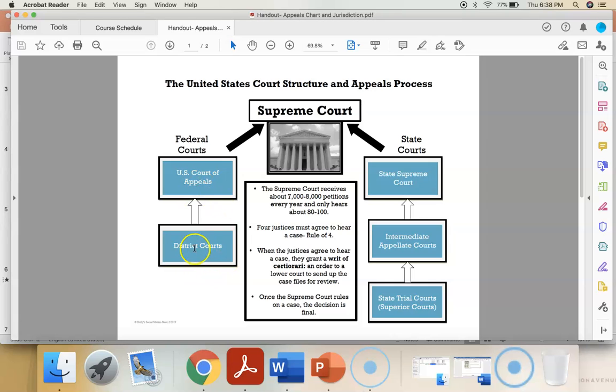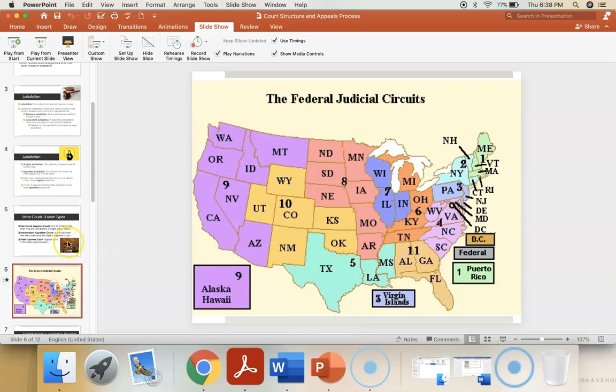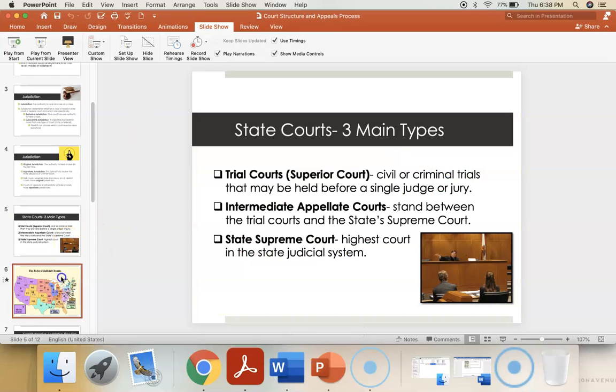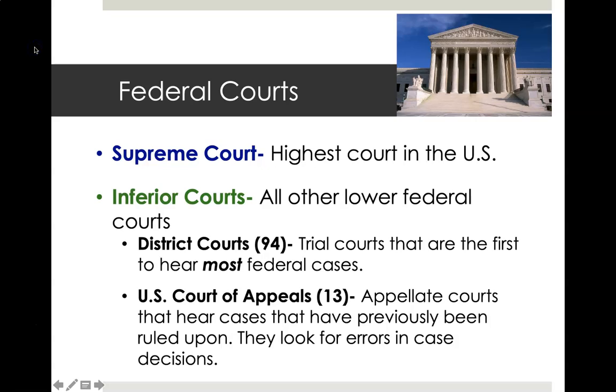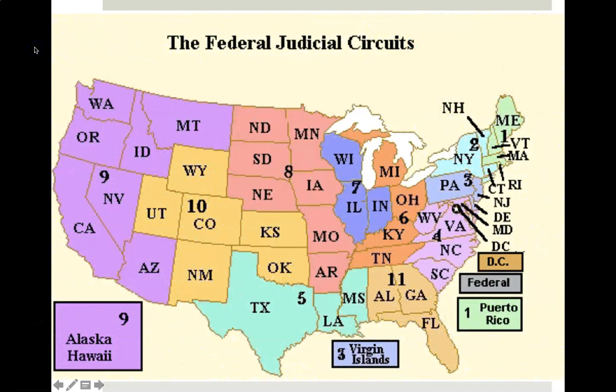On the federal level, you've got your district courts, then you've also got your U.S. Court of Appeals. So we go back to this. All right, so this is a map, and it just shows how these judicial circuits are broken up.